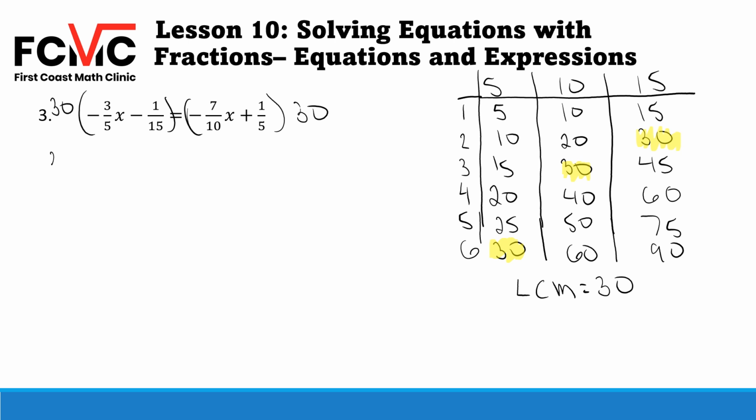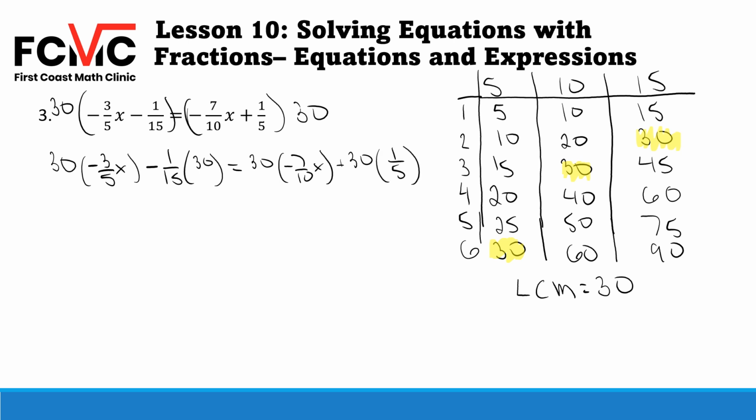So we can do 30 times negative 3/5 x minus 1/15 times 30 equals 30 times negative 7/10 x plus 30 times 1/5.